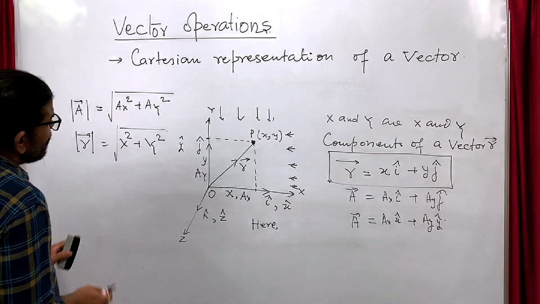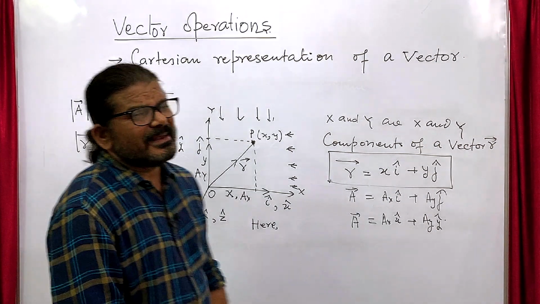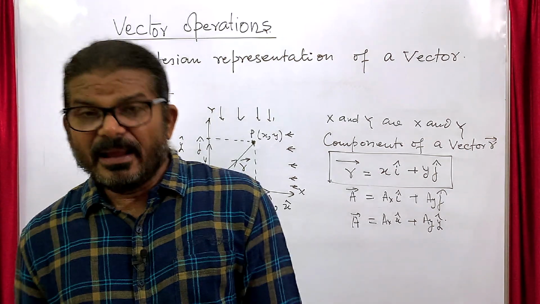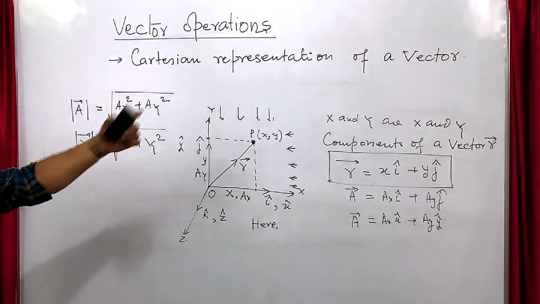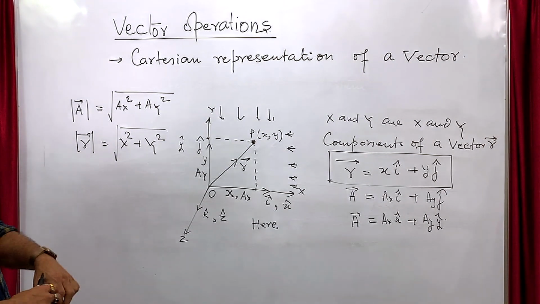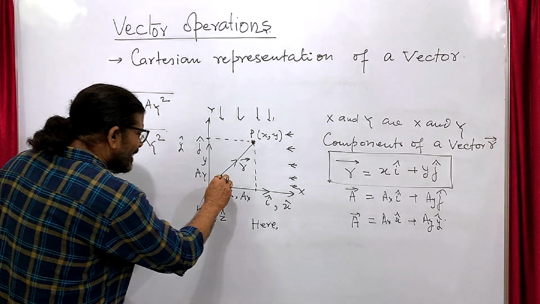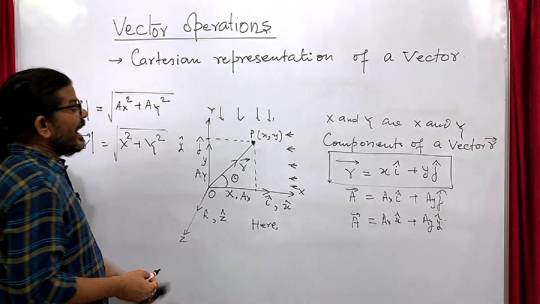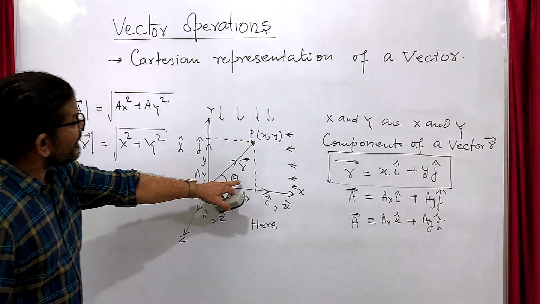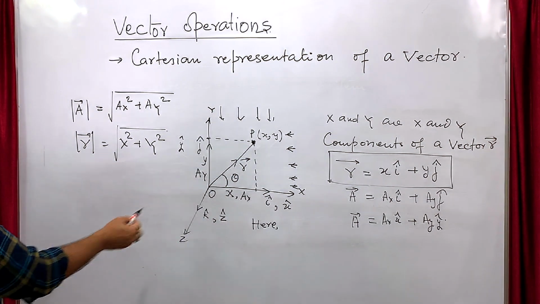Now, a vector has direction as well as magnitude. You have seen the magnitude, but if somebody asks what its direction will be? Suppose it makes angle theta with the direction of the x axis.